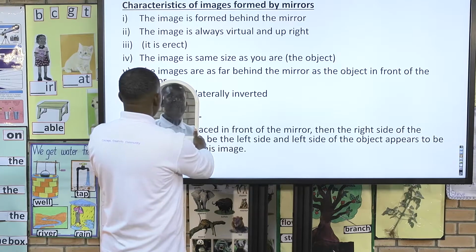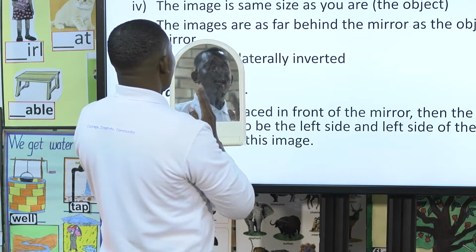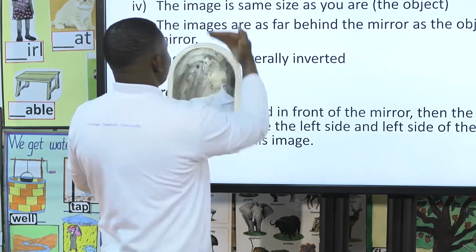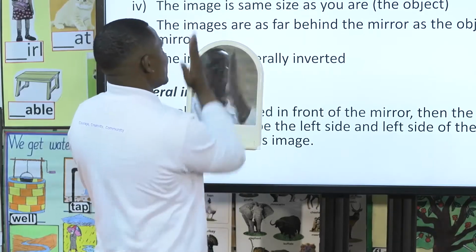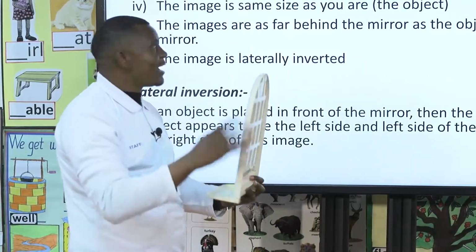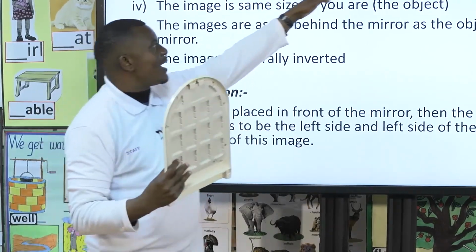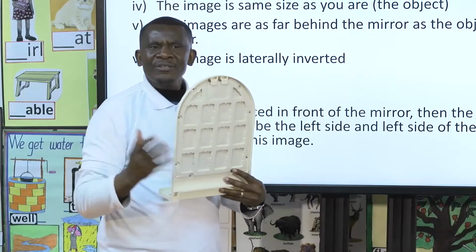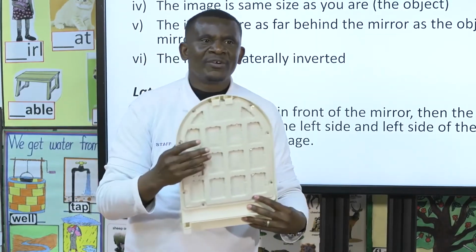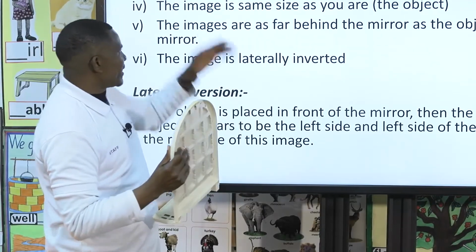As you can see, the teacher is standing upright, and the image that is formed behind the mirror is also upright. Not upside down, but upright. And this is what we mean. The image is virtual and upright. Because the image is upright, we say it is erect.